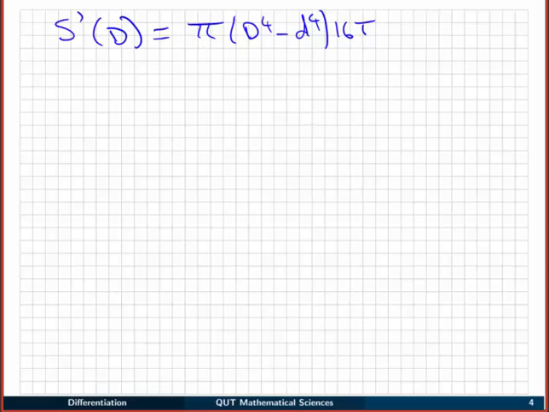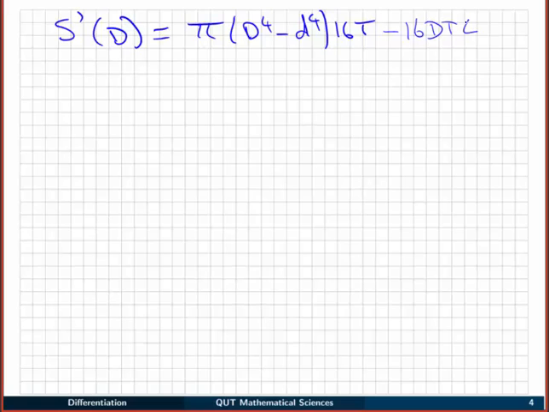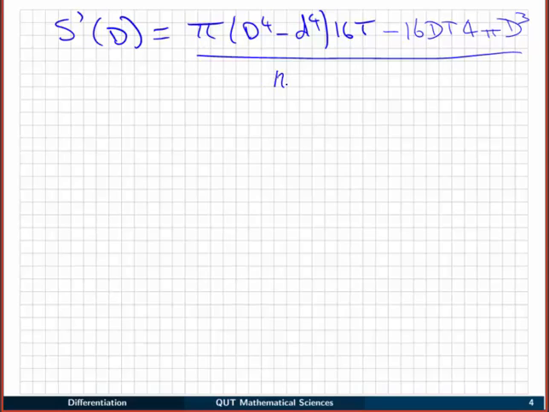And then we want minus u, which was 16DT, multiplied by v dashed, which was 4 pi D cubed. That's all got to be over v squared, so v squared is pi squared and the square of this term. So it's pi squared times D to the 4 minus little d to the 4, all squared.